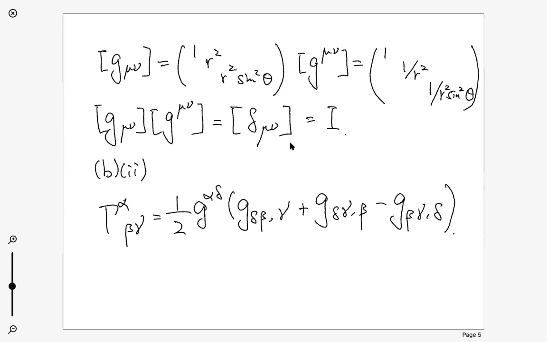I would just look at the first index here, which is alpha. Then the first index should also be alpha. And then I have two indices here, as well as a contracting index here. So now I have three indices to play around: beta, gamma, and delta.